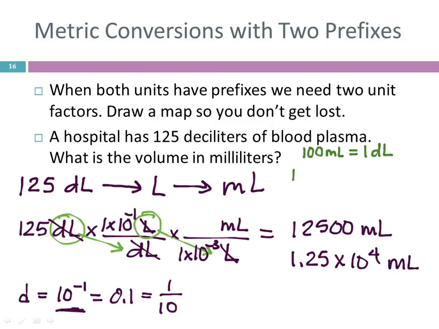And so you could do 125 deciliters times 100 milliliters per deciliter and come up with the same answer. And this is perfectly acceptable showing your work. I'm just going to warn you, it's dangerous for many students. And you know who you are. If that works for you, by all means, okay? But I'm not recommending this to the class as a whole. Any other questions?